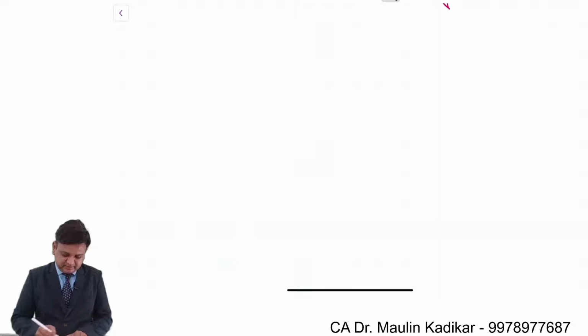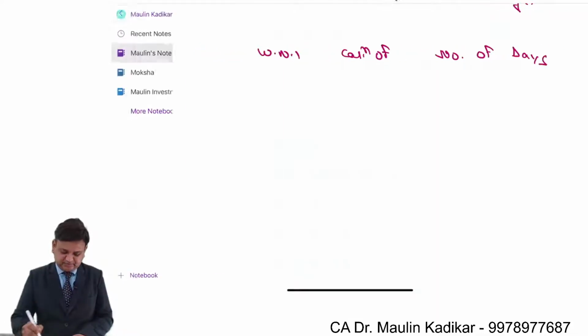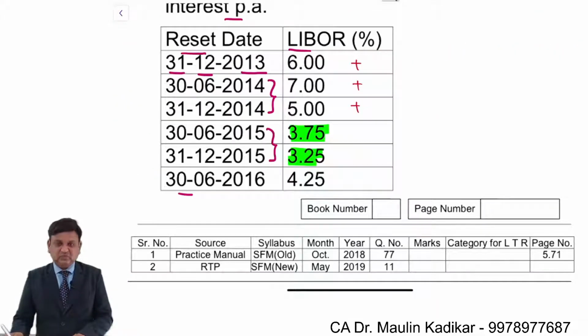Now write down heading. Working note number 1, calculation of number of days. Now friends, over here the C Institute has given a suggested answer wherein they have computed the exact number of days.